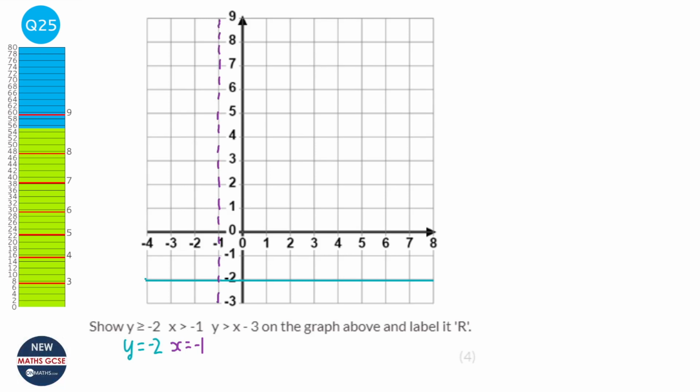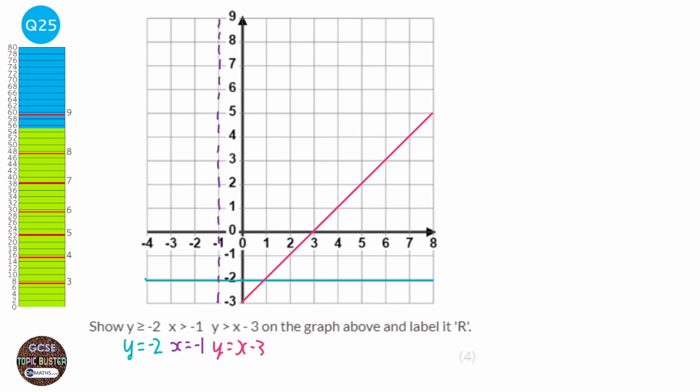Okay, the last graph is a little bit harder. We've got y equals x minus 3. And it's going to be a perfectly diagonal line, but down to minus 3. So it's going to be this line here, about there.